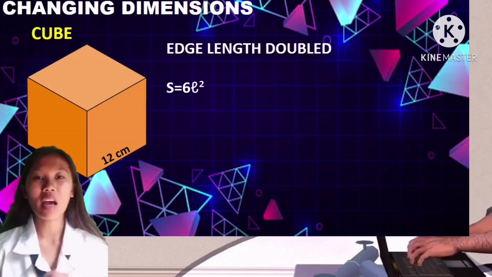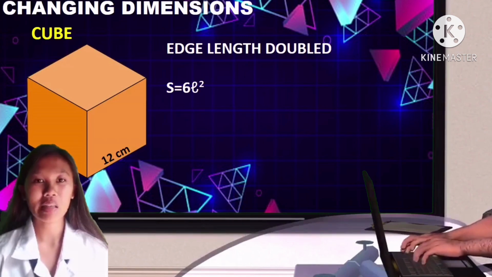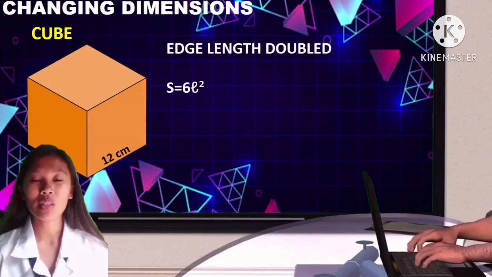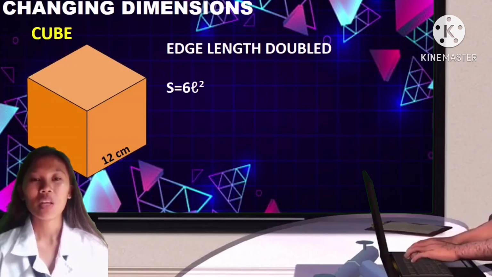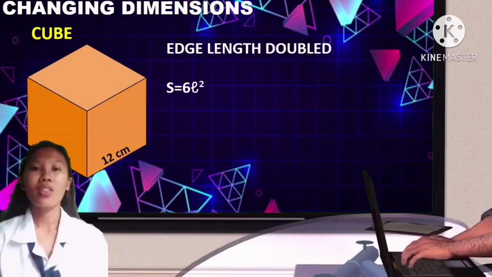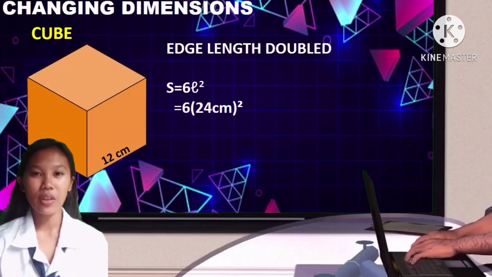The next one is the edge length doubled. The length here is doubled, so it will become 24 centimeters. We will use the same formula, which is surface area equals 6 times length squared. Then, we substitute the value of the doubled length.